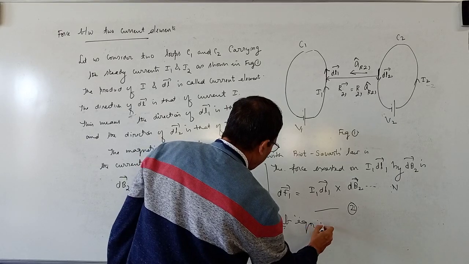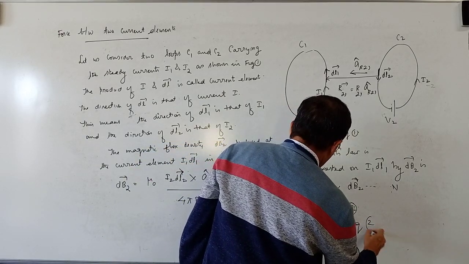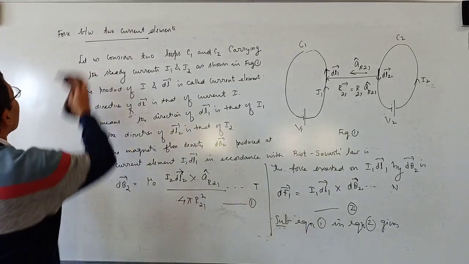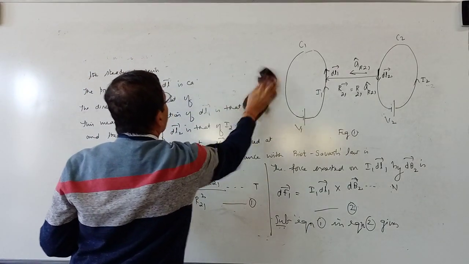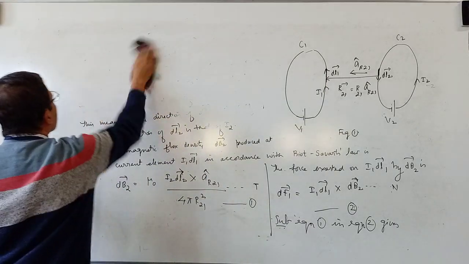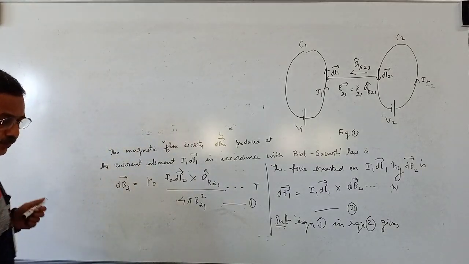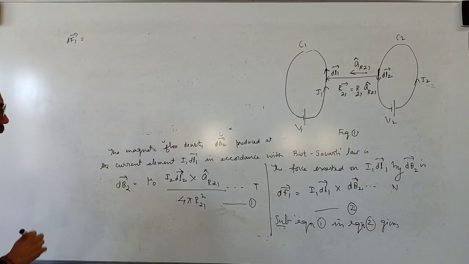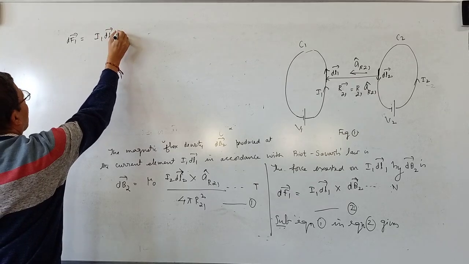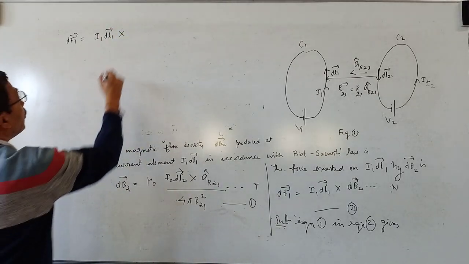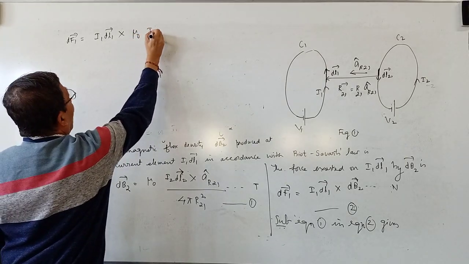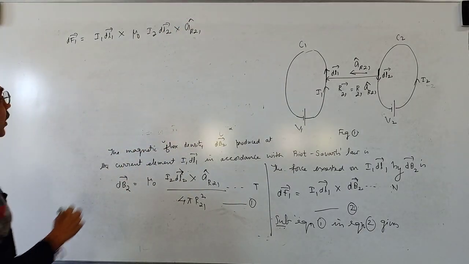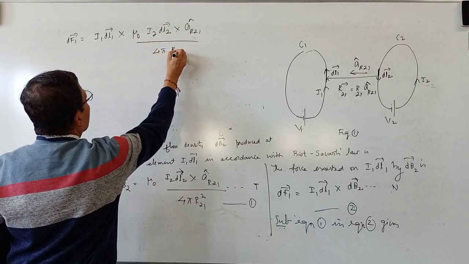Substituting equation 1 in equation 2 gives vector dF1 is equal to vector I1 dl1 cross mu naught into I2 vector dl2 cross unit vector er21 cap divided by 4 pi r21 square.